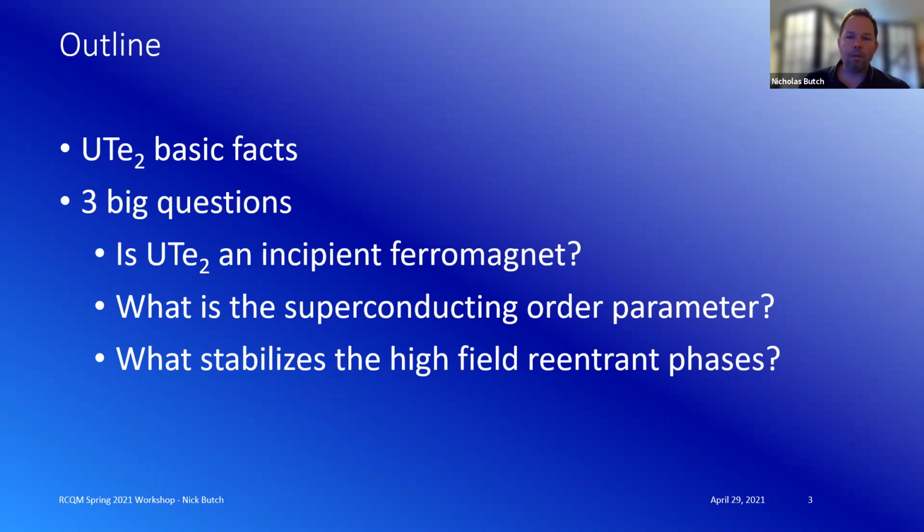One is dealing with the normal state properties of uranium ditelluride, and specifically, is it ferromagnetic or close to ferromagnetic? Then what is the nature of the order parameter? So what do we know about it so far? And then finally, what can we say about high field reentrant superconductivity?